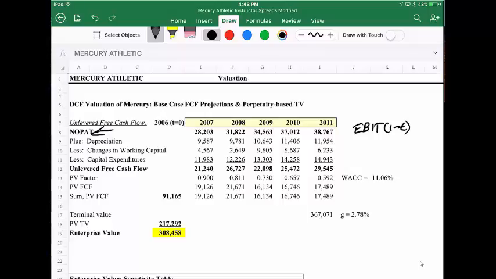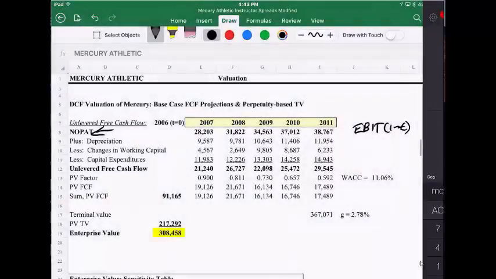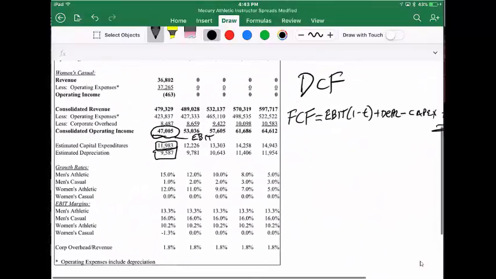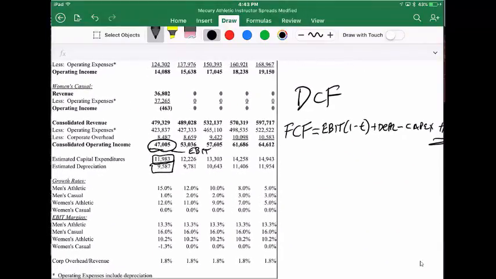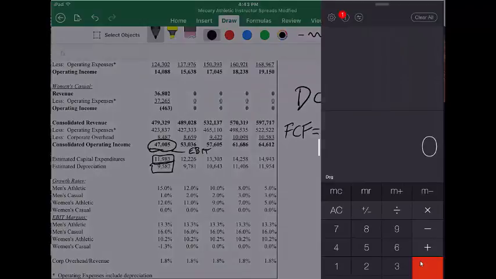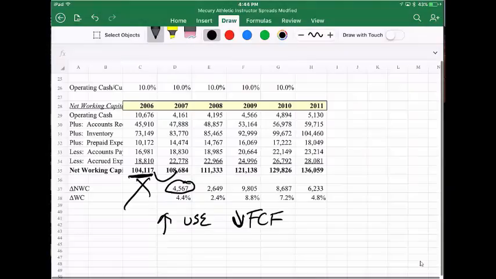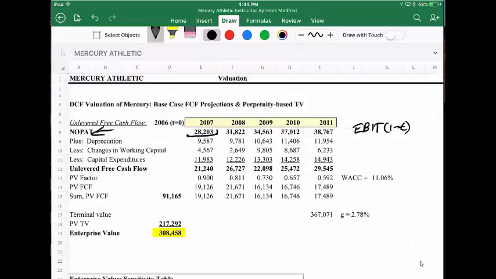It's the same thing as EBIT times 1 minus T. And I can prove that by taking our projected income of $47,005 times 1 minus T, which is 0.6 with a tax rate of 40%. You'll see that we come to 28,203, which is, on our discounted cash flow, the first year's NOPAT.